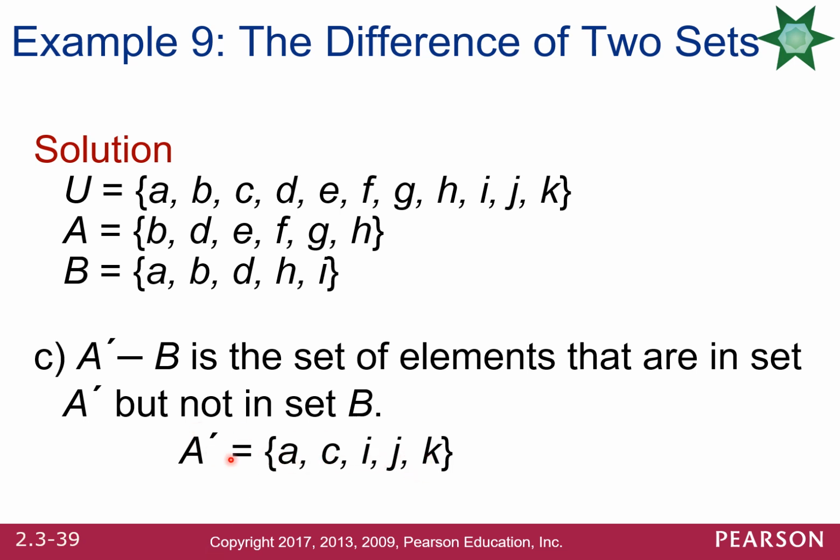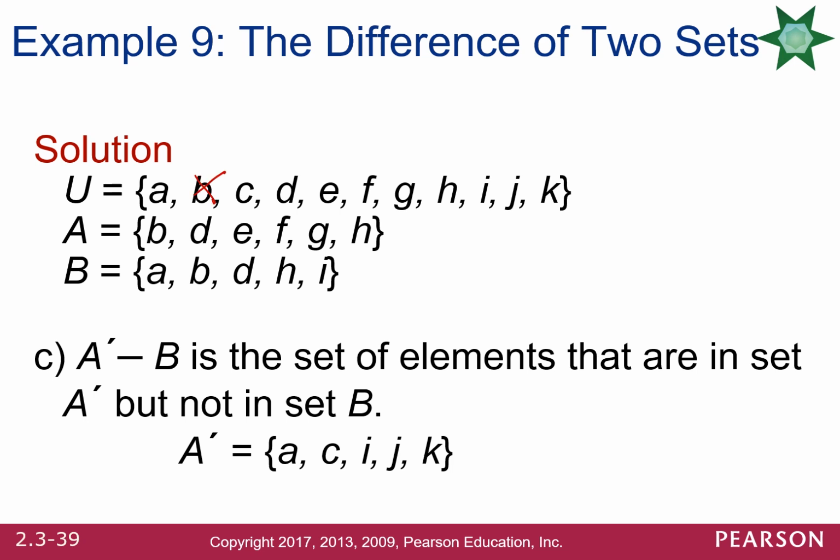Again, recall that to find A naught, or the complement of A, we have to look at the universal set and eliminate the elements that exist in set A, because we are picking up the ones which do not belong in set A. So let's go through that exercise one more time.